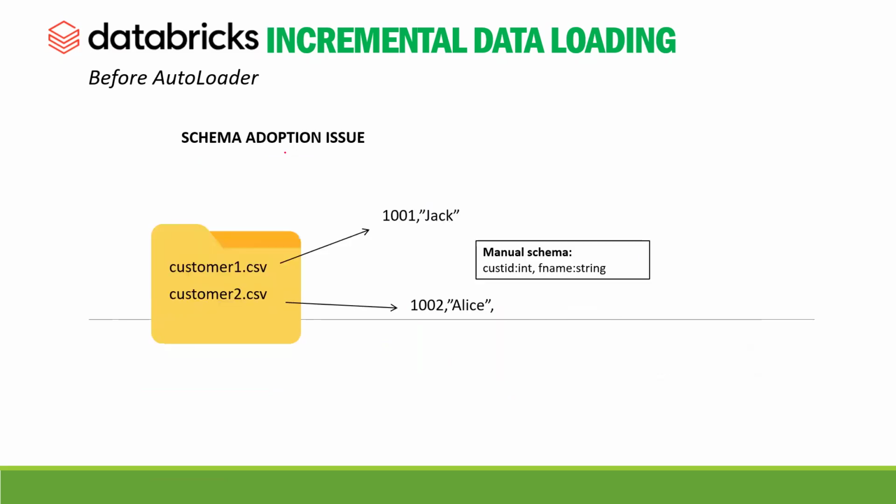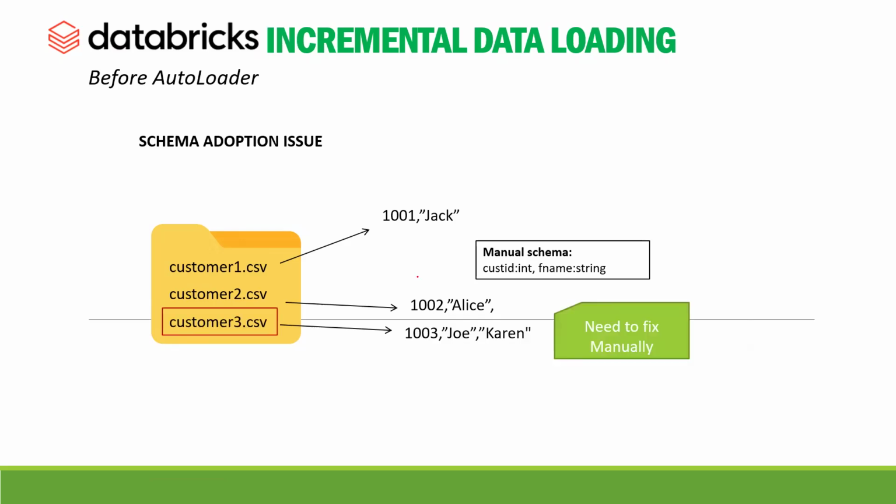This is one thing. The second thing is, let us assume initially these two files have this kind of schema: just two columns, customer ID of int type, and the first name of the customer of string type. Initially, when the files were loaded, it's well and good, and the columns were two.